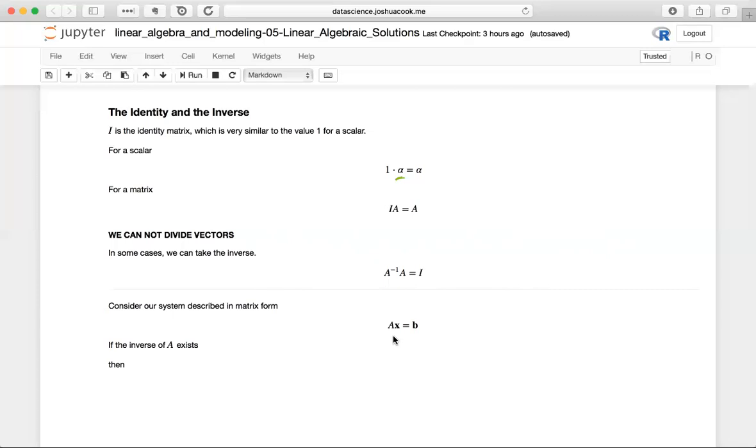So in linear algebra, with matrices, we have what's called the identity matrix. For a matrix A, I, the identity matrix, times A is just equal to A. It's a matrix that doesn't change it. So when we think about the inverse of matrices, this is how the inverse is defined: A inverse times A is equal to the identity.